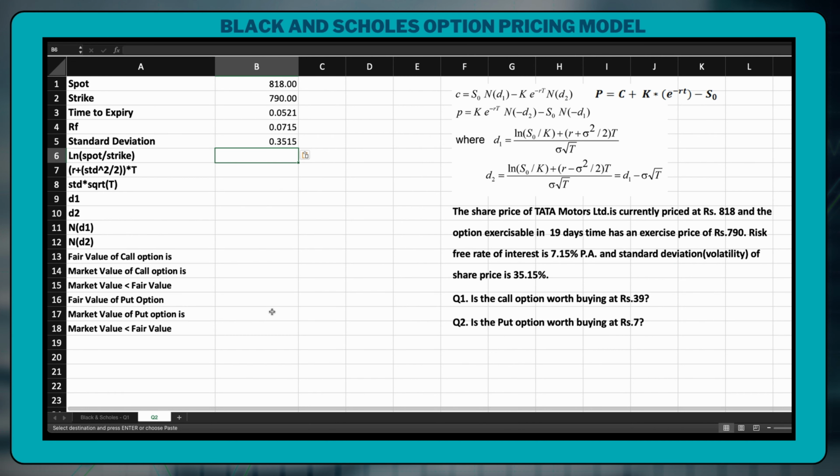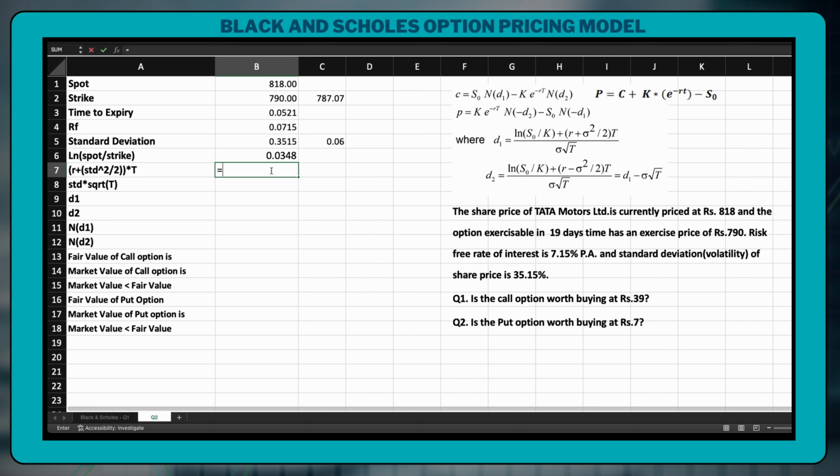First, let us compute D1. Before that, we will require the present value of the strike price and the standard deviation square by 2 for further computations, so let us keep that handy. I have split the formula to compute D1 into 3 different parts. First, let us calculate ln of spot by strike, which is 0.0348.